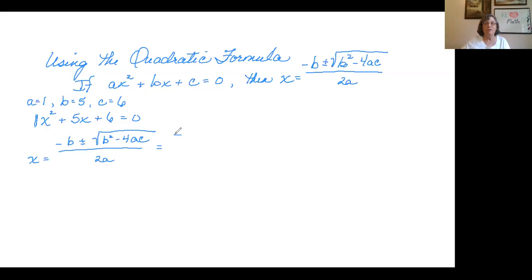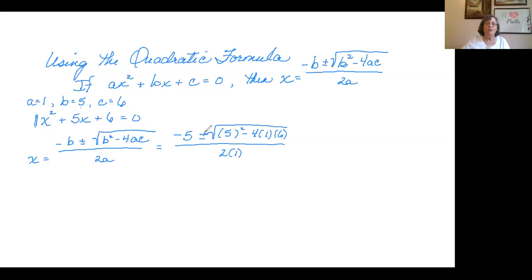and that's going to give us the negative of 5 plus or minus the square root of 5 squared minus 4 times 1 times 6. This is a and c, with the entire thing over 2 times a.